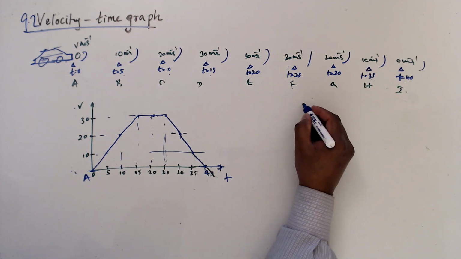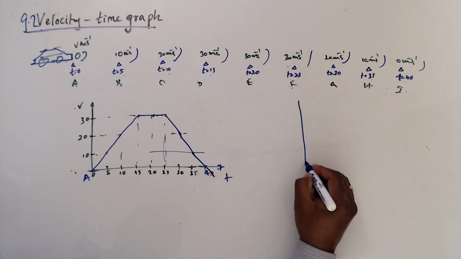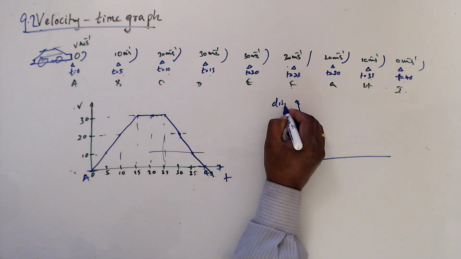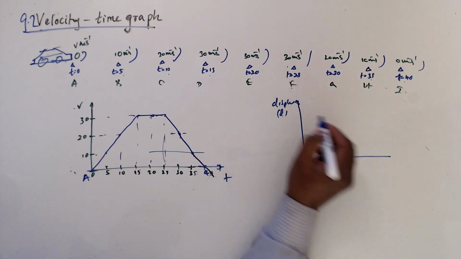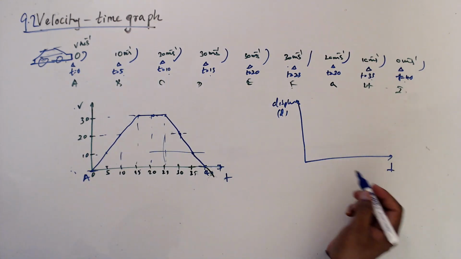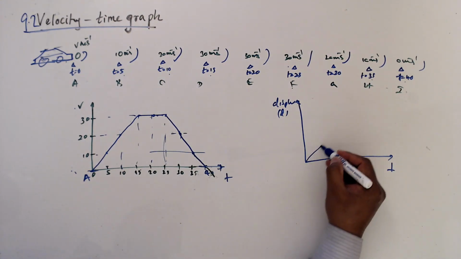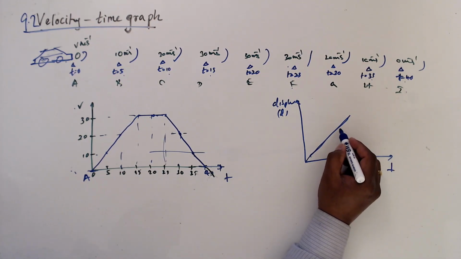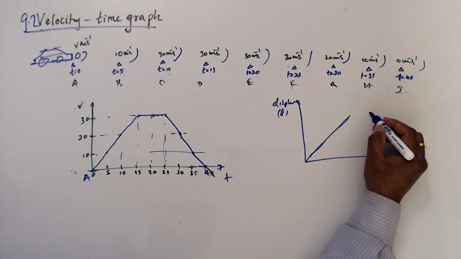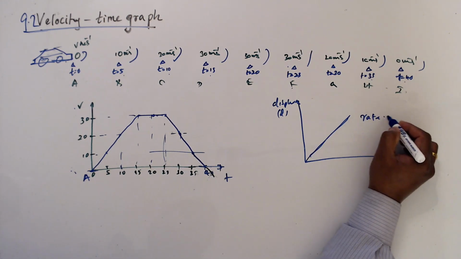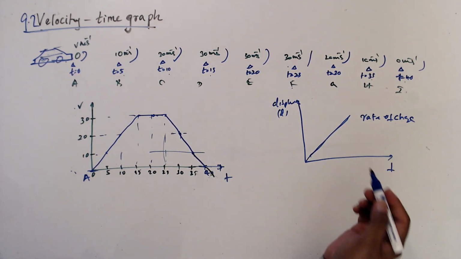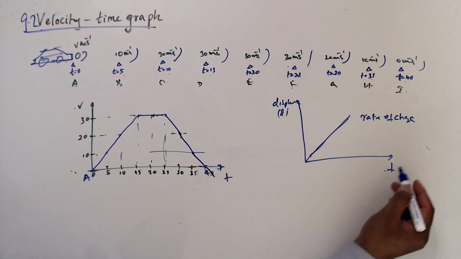Now, in a displacement-time graph, if you draw like this, so this is the distance, and the rate of change. So what is the rate of change of a displacement-time graph?